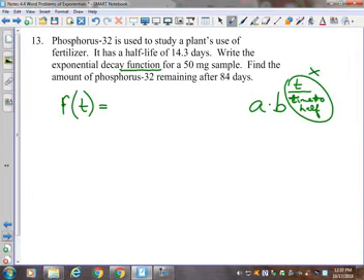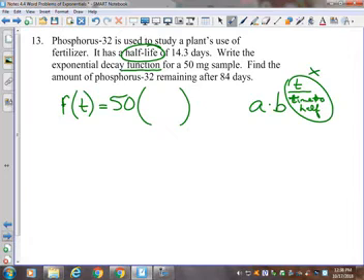How much should I start with? 50. I have 50 milligrams I started with. What am I doing to my fertilizer? I'm halving it. That's why it's called half-life, because that's the actual B value.